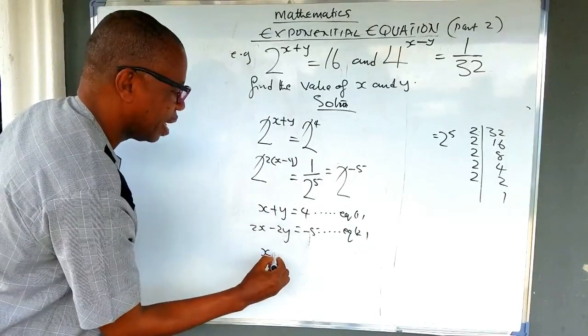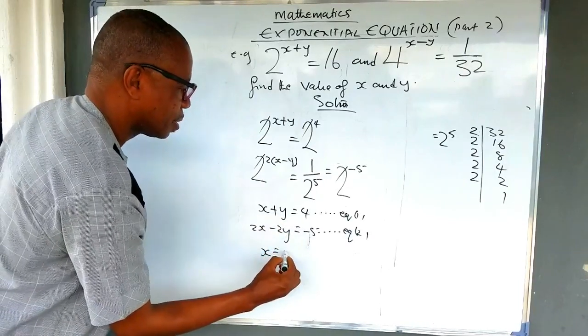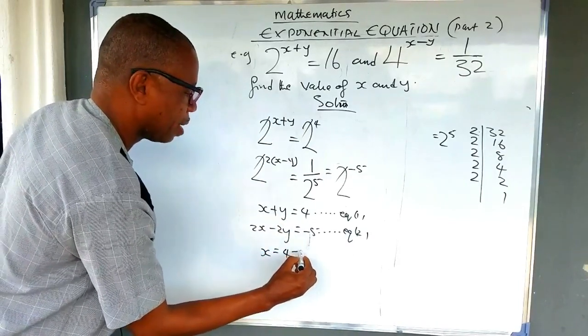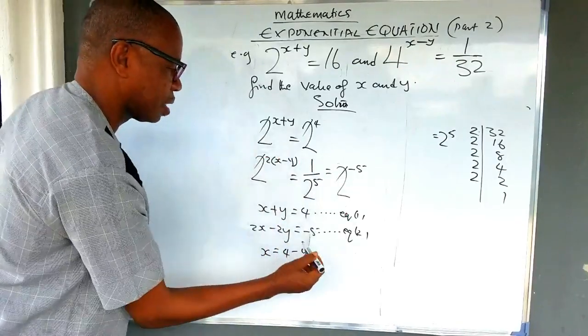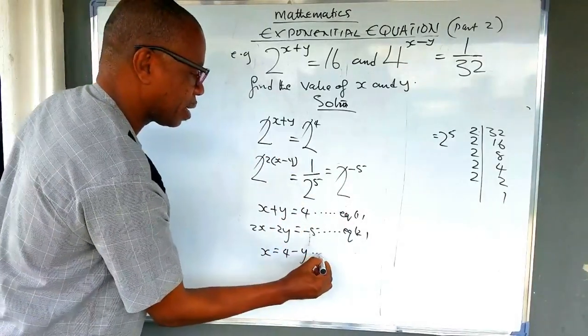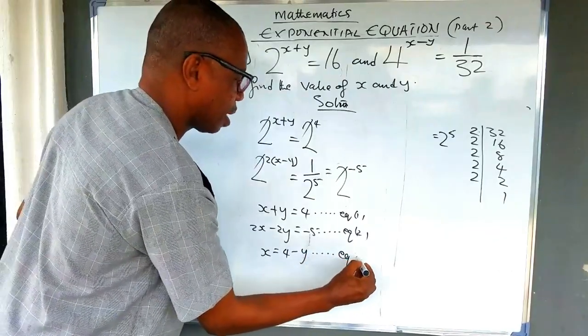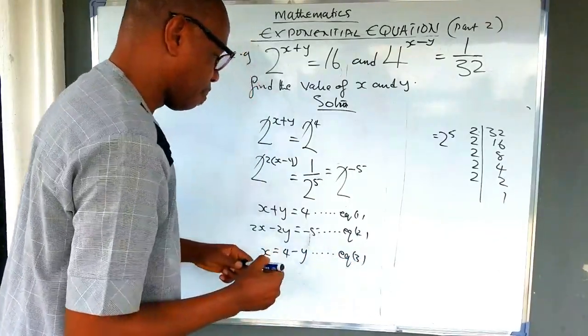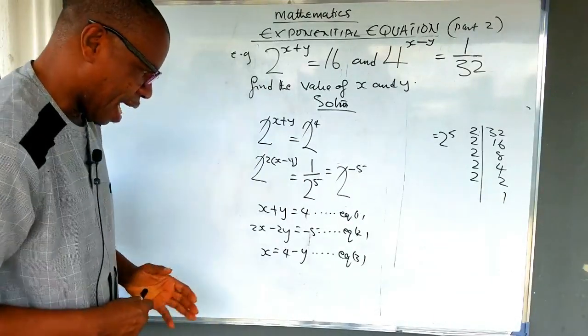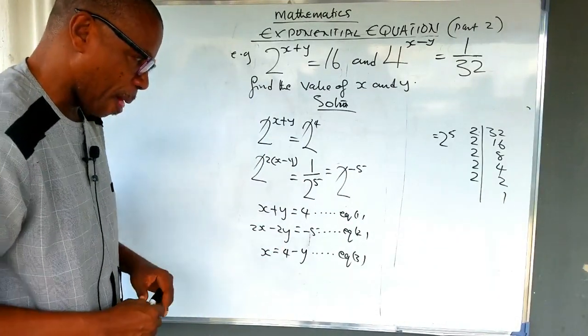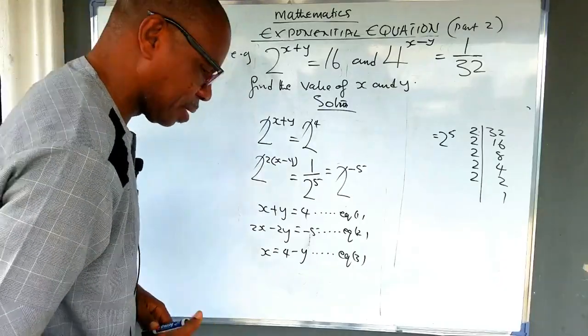So I will just say that x is equal to 4 minus y. That is plus y crossing over becomes minus y. Permit me to call it equation 3 because it will help me to come out of this simple problem. Now I found that x is equal to 4 minus y.